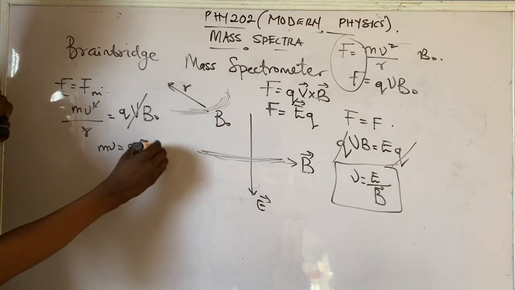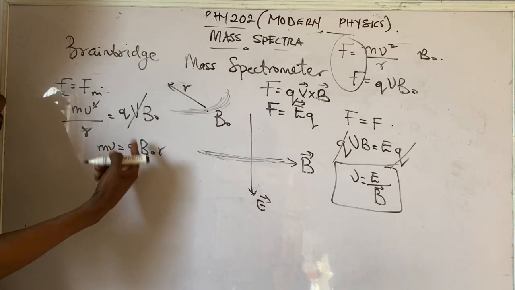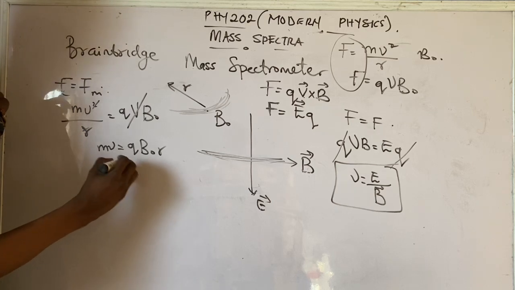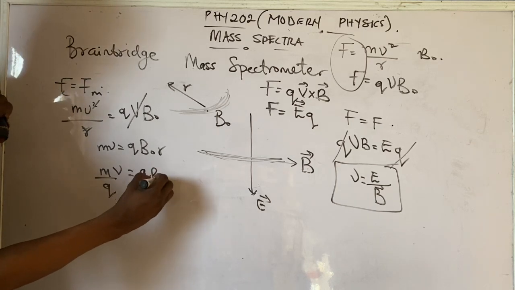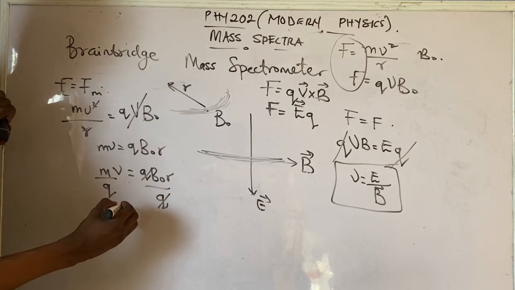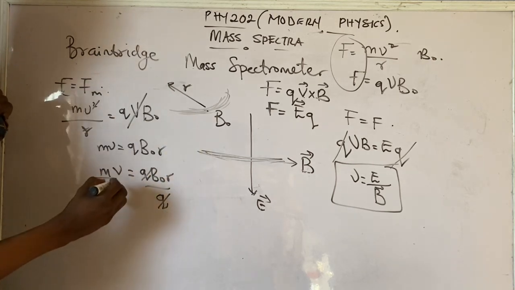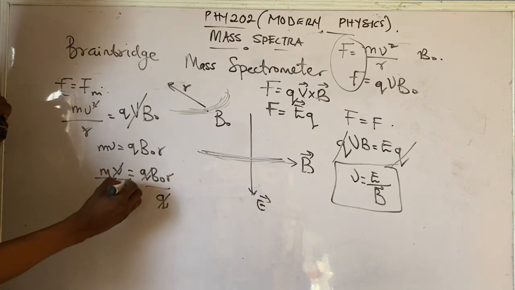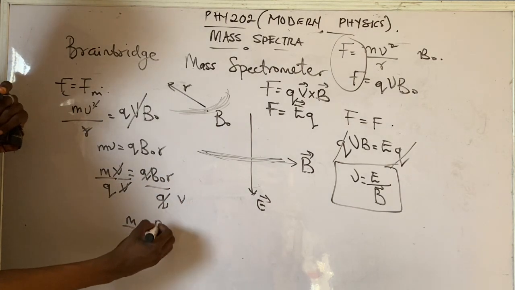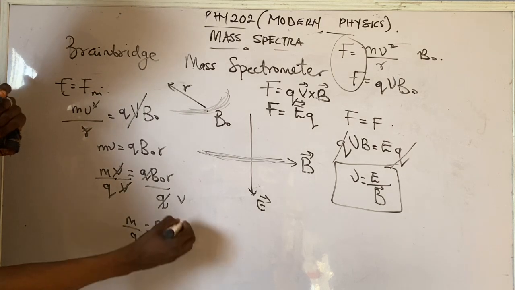So let's cross multiply. r comes here. Dividing both sides by q, then m over q times v is equal to qB naught r over q. Q is eliminated. Dividing both sides by v again, v over v, v here. So m over q is equal to B naught r over v.